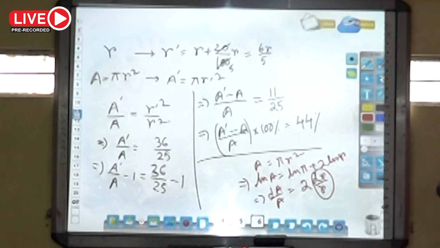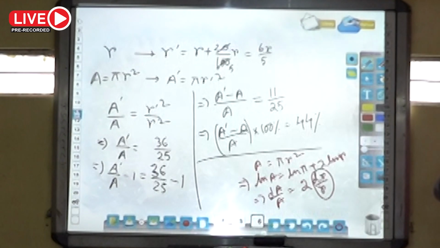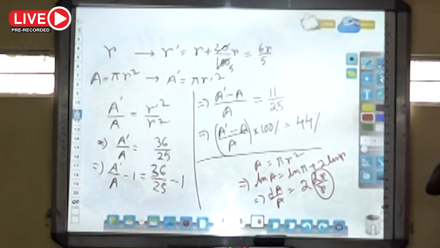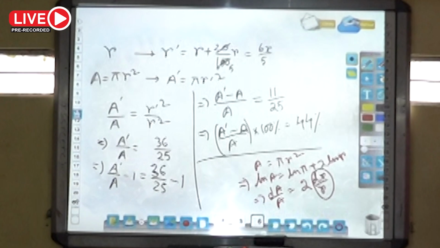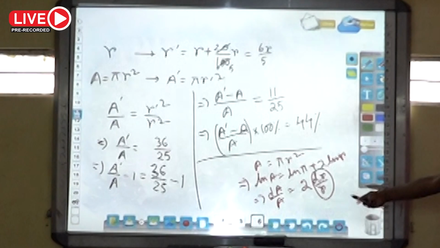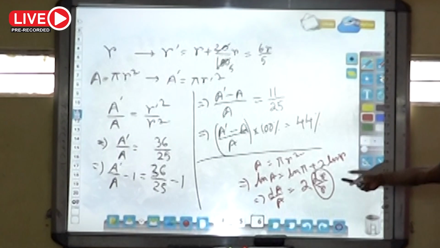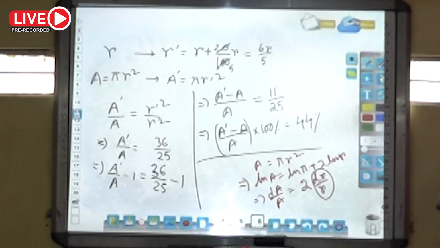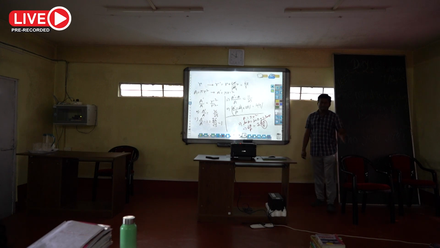So if a large error is there, you have to calculate it algebraically. If the error is very small, you can apply calculus to find the error easily, because calculus gives you the answer within a moment. For this 2%, you don't need to calculate all these things. Clear? So this is the percentage error that we have to calculate. Now comes maximum proportional error or maximum percentage error.